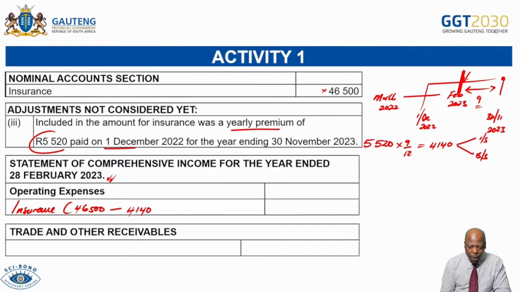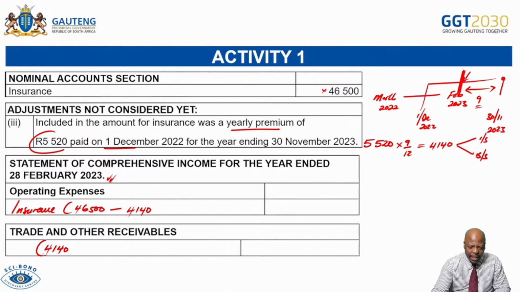But I also know that once I've paid an expense in advance, it must go to trade and other receivables. That is a prepaid expense. So I'm going to come here under my trade and other receivables and say 4140. Okay, so there was a bracket here. I'm just going to have my 4140 down there. We good? Okay, let us then continue.